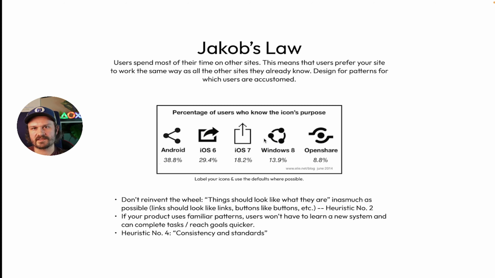That's internal consistency, which is having all your screens use the same UI patterns where possible. And there's also external consistency, which has to do with adhering to industry standards, as far as what other sites are using. And so Jacob's Law and heuristic number 4 go together very commonly.